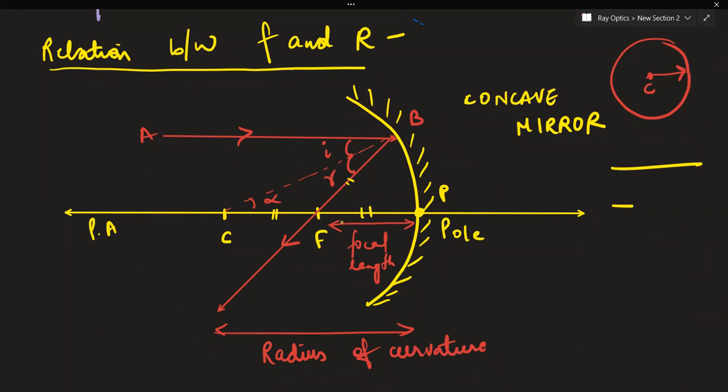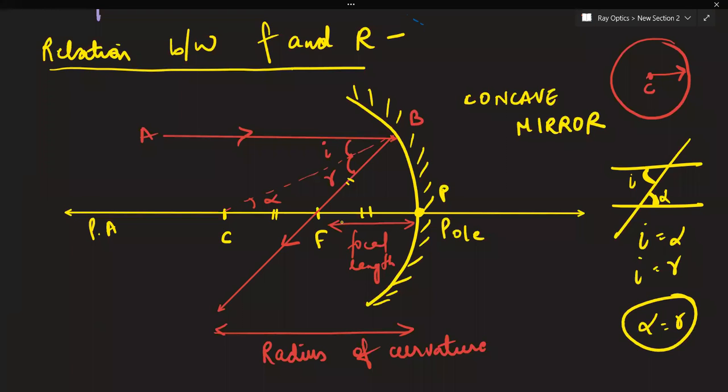So if two parallel lines are there and a transversal is intersecting them, then these angles become equal alternate angles. You must have studied this in your 8-9 standard. So since they are equal, I is equal to alpha and I is already equal to R. So alpha will become equal to R. So you get an isosceles triangle. Got it? From here, you people can note down as well.